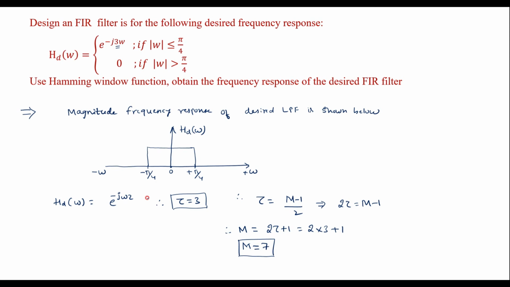The next step is we have to find the inverse Fourier transform of this given frequency response, so that we will get Hd of n. That is taking the inverse Fourier transform of Hd of omega.